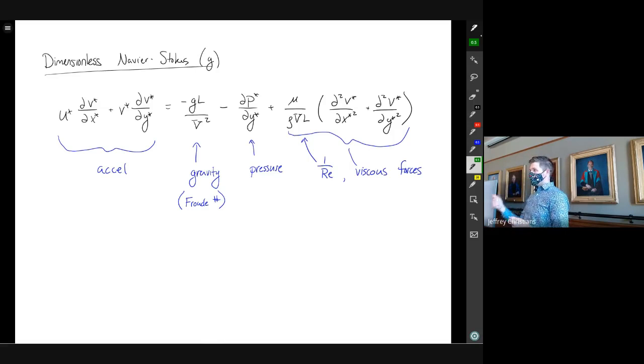That was a flow where the Reynolds number was super small. So what governed the flow was not gravity or pressure or inertia. What governed the flow was viscosity. So it was a small Reynolds number. Viscosity was winning.